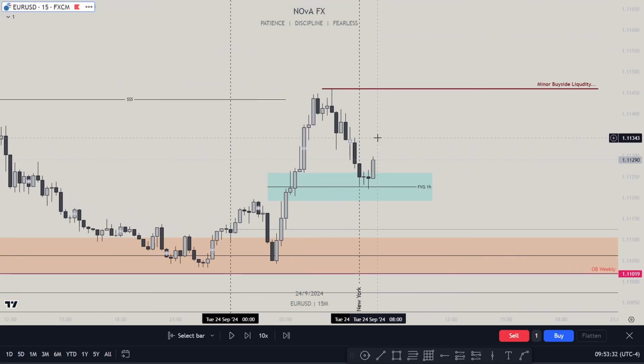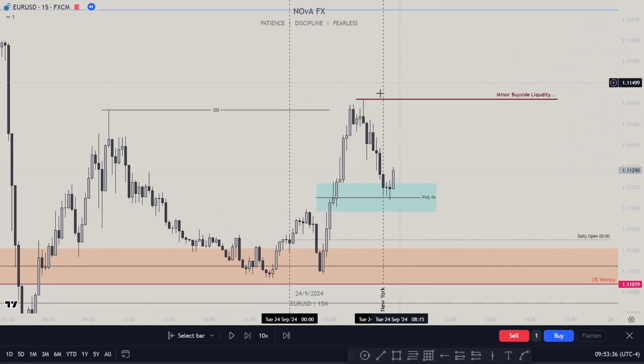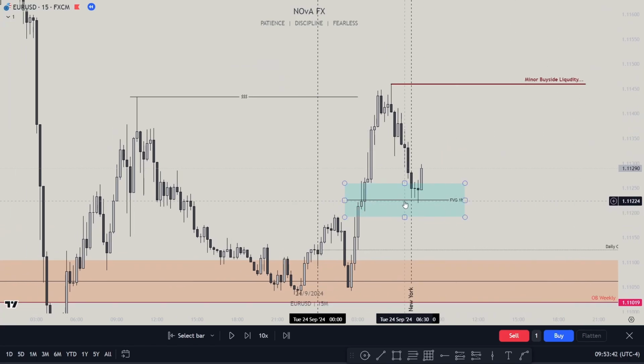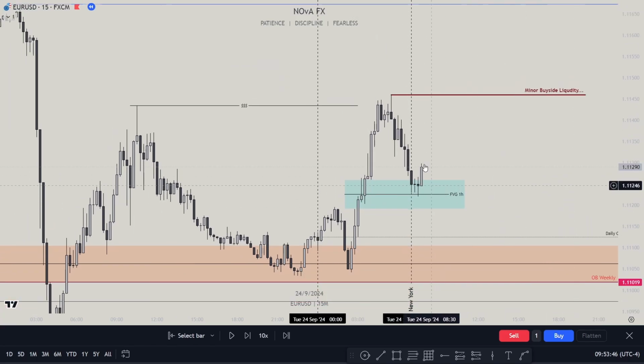Welcome, folks. So it's the 15 minute time frame, and here we can see that the price respected the consequent encroachment of this fair value gap, which is the 50% of the FVG, and it's going up.